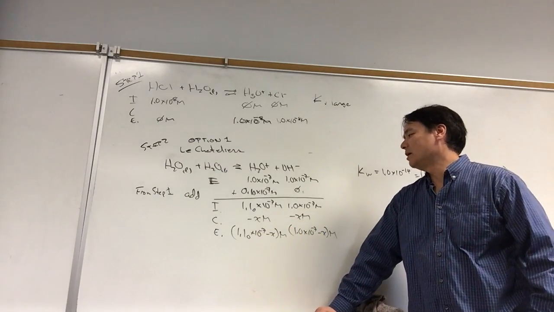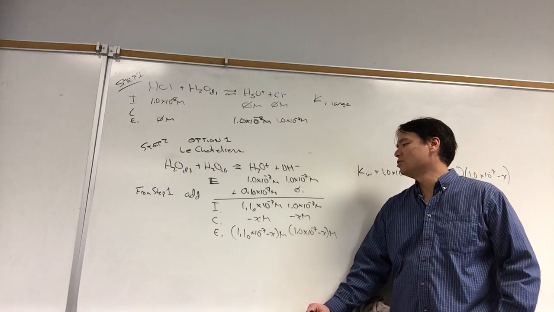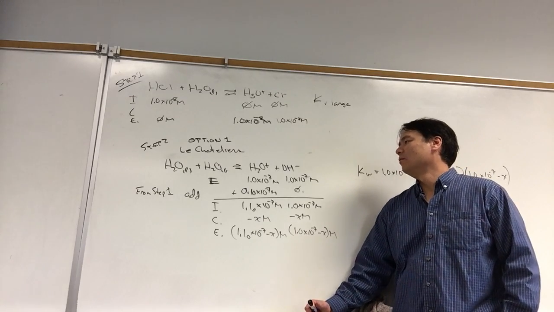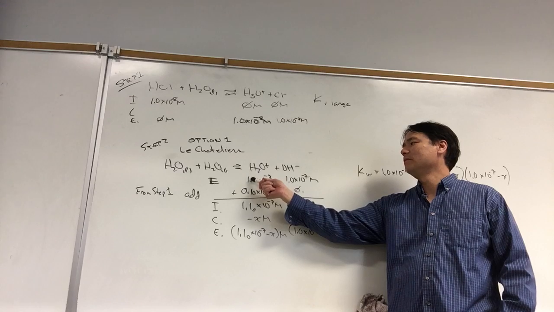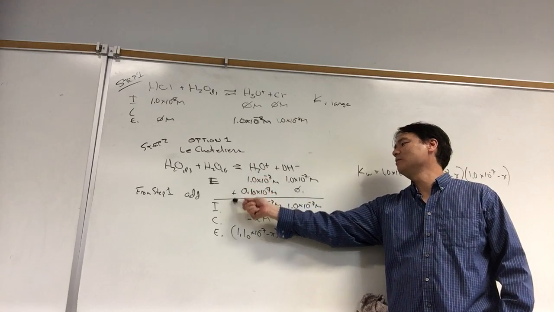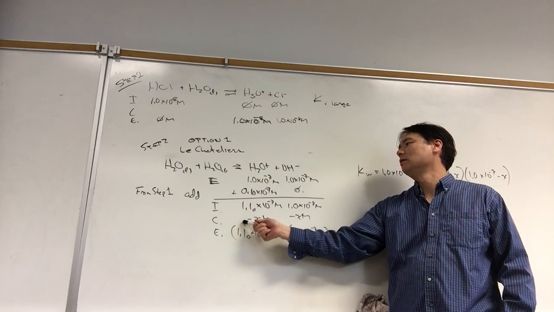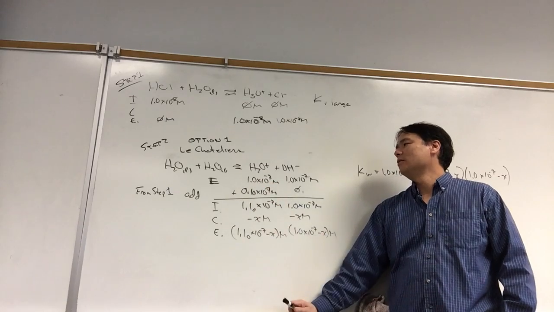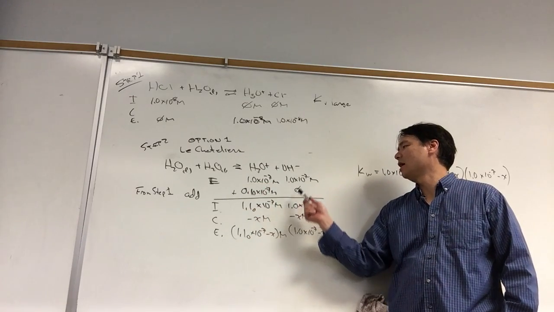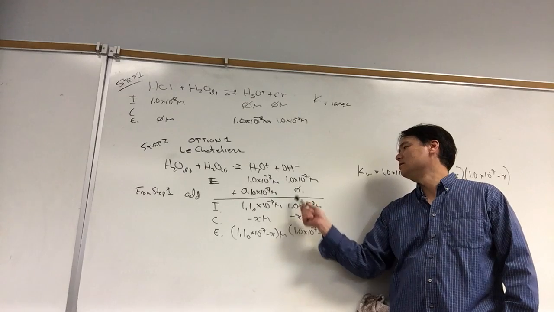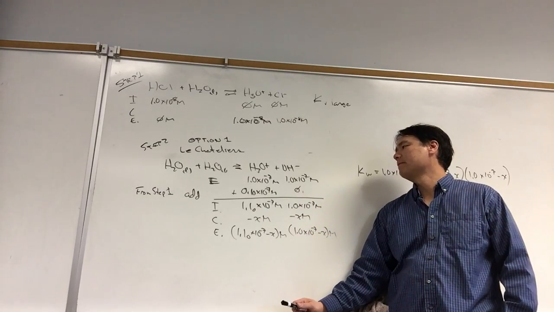The new equilibrium is kind of interesting because, compared to the original equilibrium, the hydronium is going to go up, right? And so in the new equilibrium, the hydronium increased and the hydroxide decreased from the original.